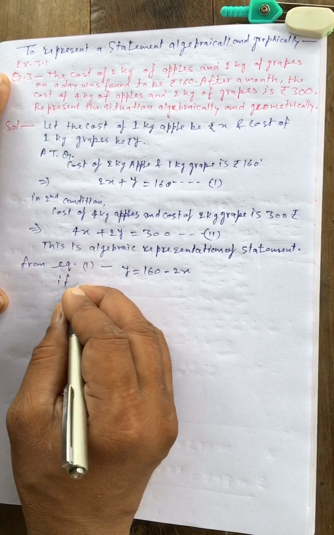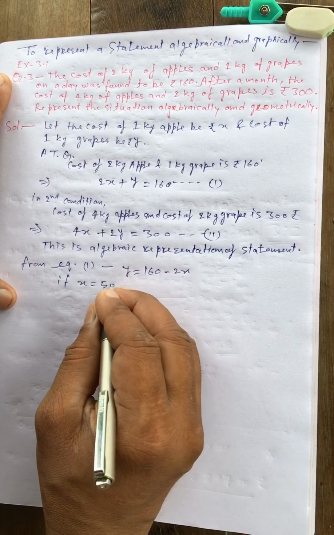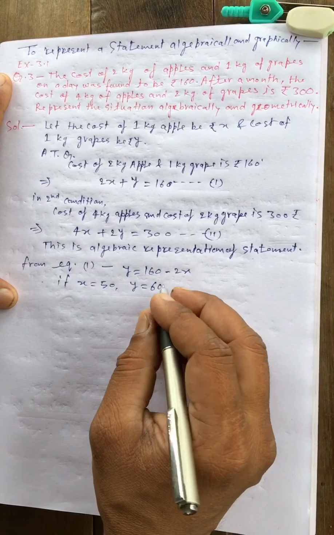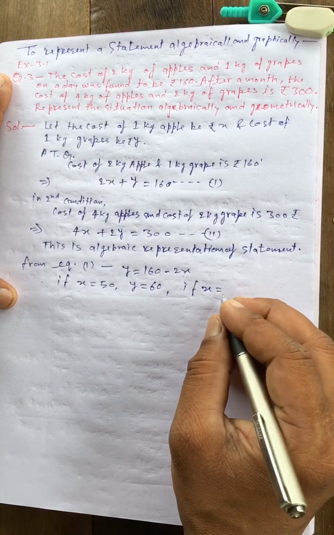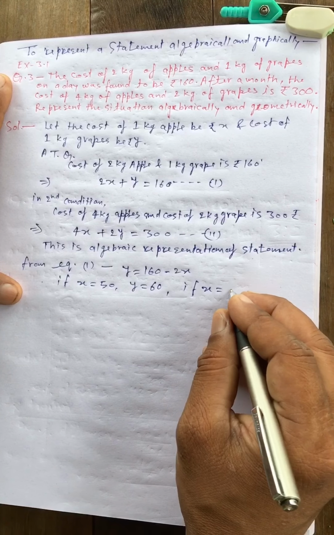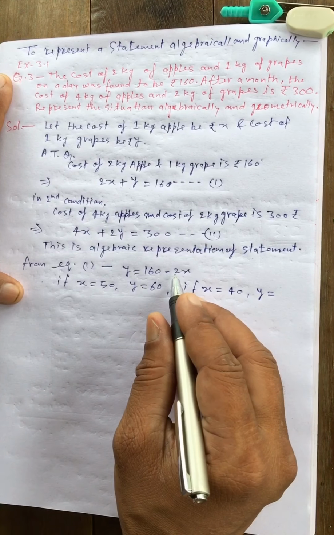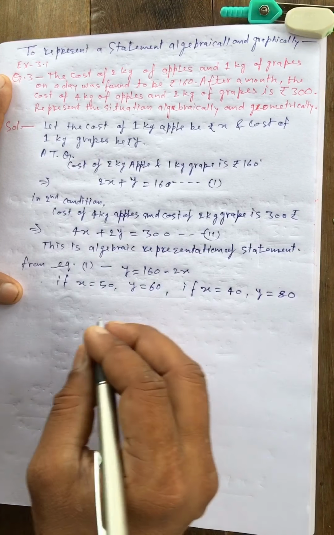If x is equal to 50, then y is equal to 160 minus 100, that is 60. If x is equal to 40, then y is equal to 160 minus 80, that is 80.